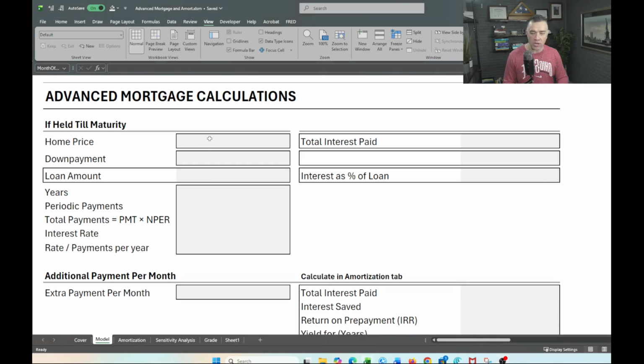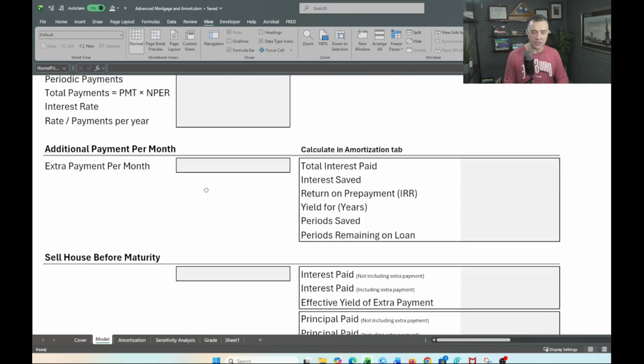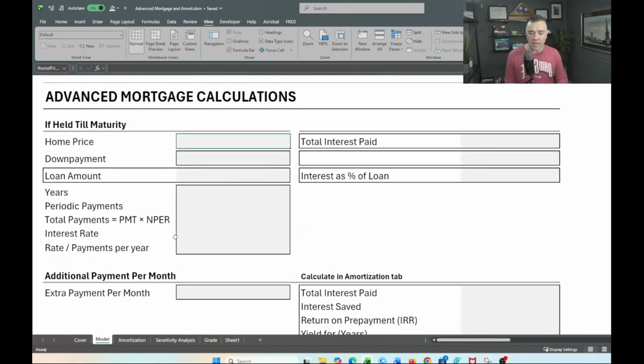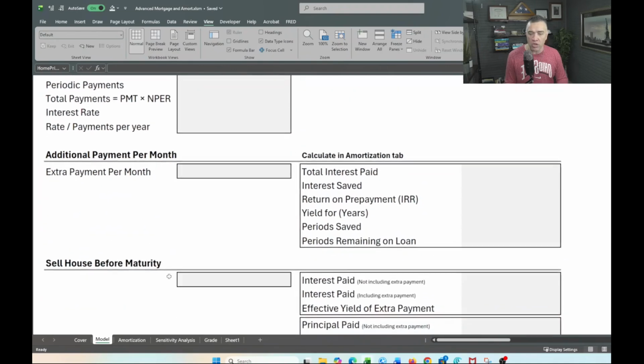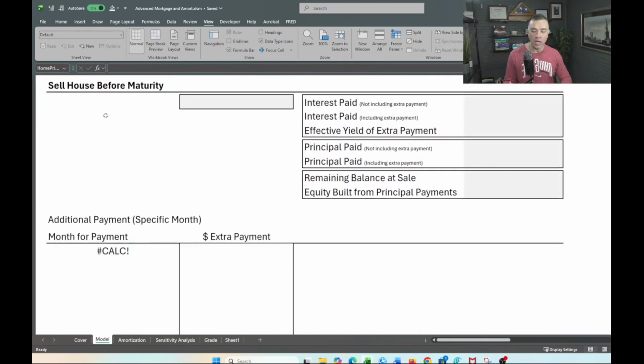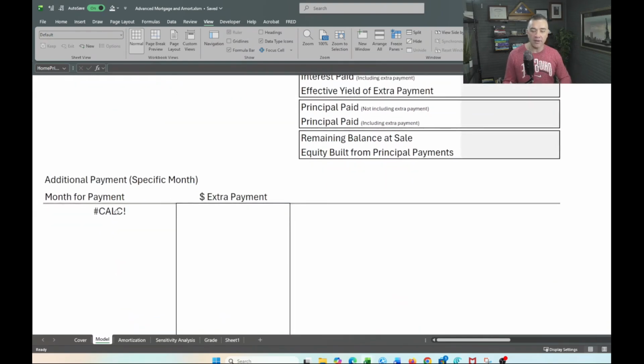So what we're going to do here is we're just going to plug in some values first. And I just want to show you what we have. We're going to do the basics first, and then we're going to go to what if we do an additional payment onto the house? Is that a good investment? If we put 20 bucks a month, or what if we put an extra payment just in a specific month?